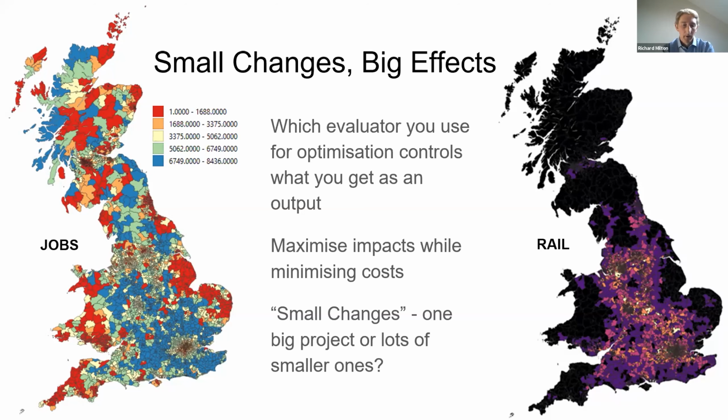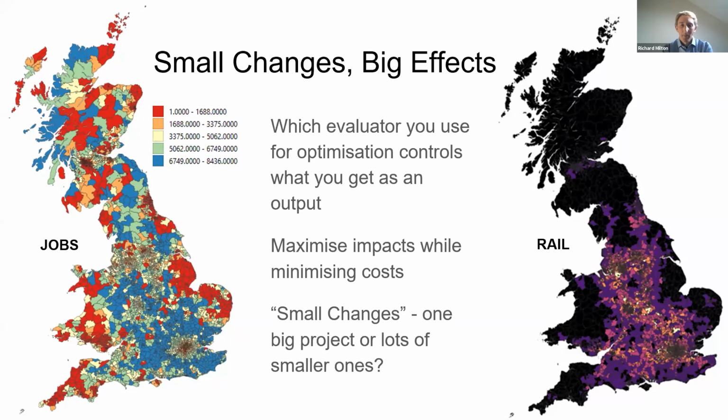So here we're doing carbon, but we could be looking at mean trip lengths, we could be looking at total time saved, we could be looking at geographic effects. Now, the problem we're currently having is that when we compare the machine-generated scenarios to the human-generated scenarios, the machine-generated ones are creating 10 times the impact than the human ones, but at significant cost. The problem is, if you look at that rail map, it's generated small changes all over the map, which is unrealistic.